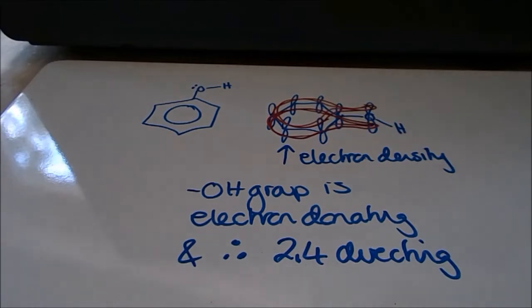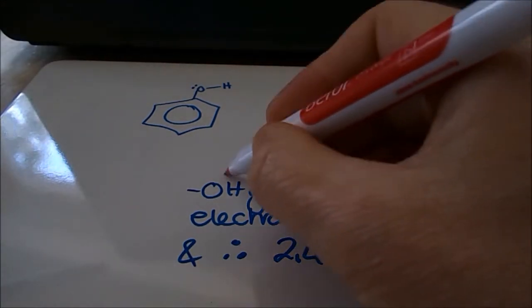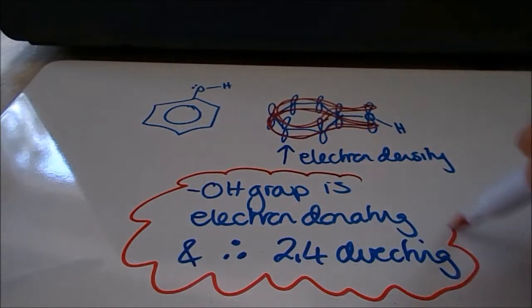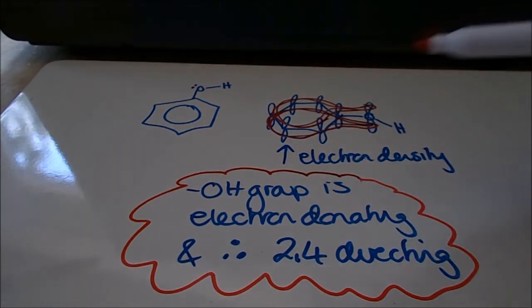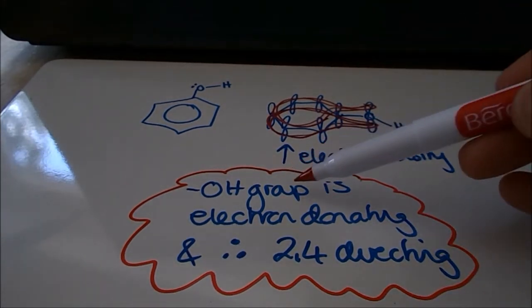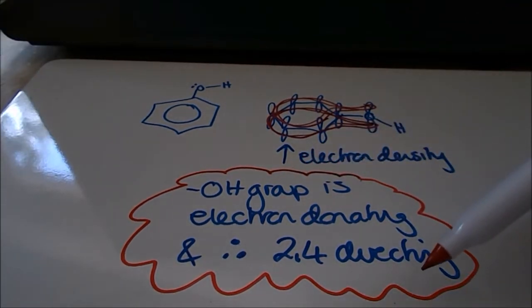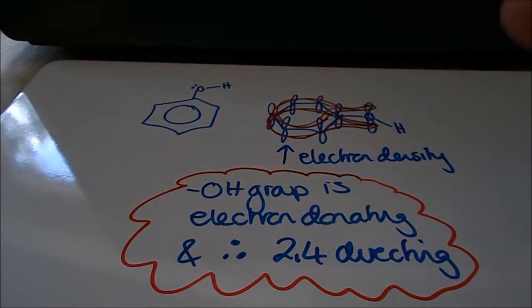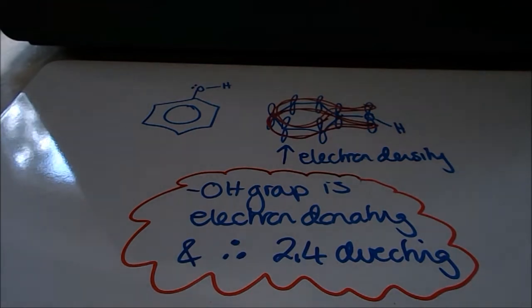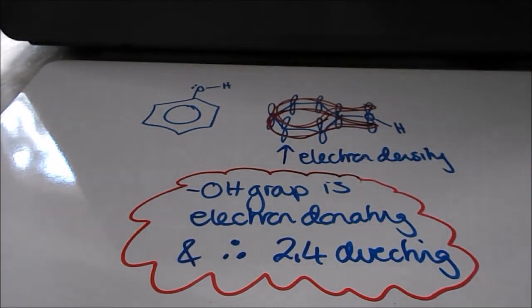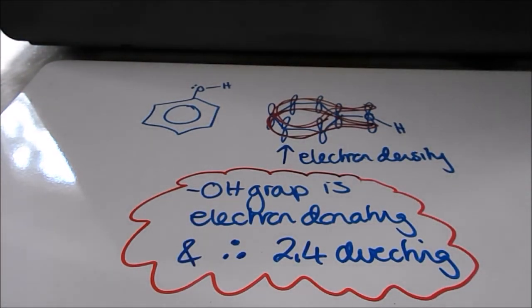That makes a good explanation. You don't need to be able to explain why electron donating groups lead to the 2,4 direction, but essentially the background for that is that the electron density is enhanced in particular positions, so attack is more likely in those positions on account of the electron movements.